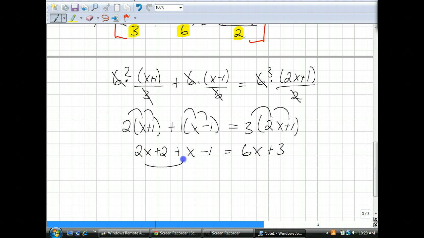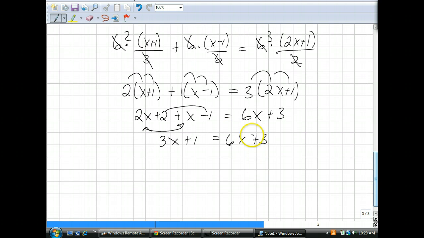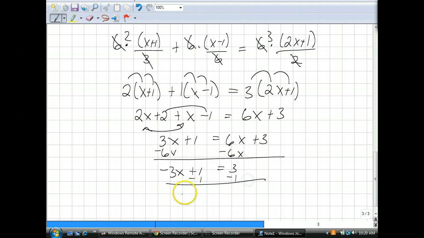On this side, collect like terms. So we have 3x, and we have a 2 and a negative 1, so that leaves plus 1. Get all our x's on one side. So I'm going to subtract 6x from both sides. Get our x by itself.